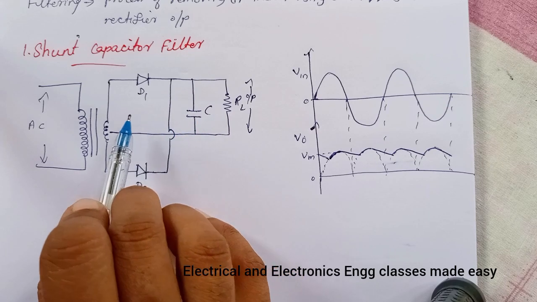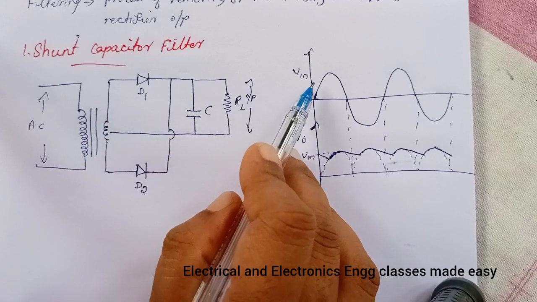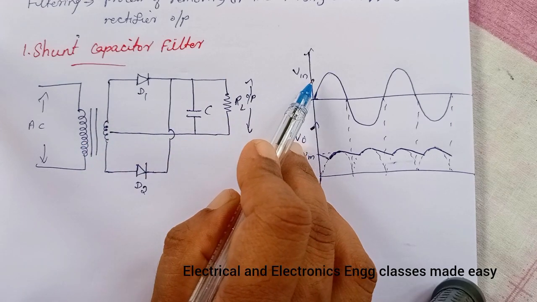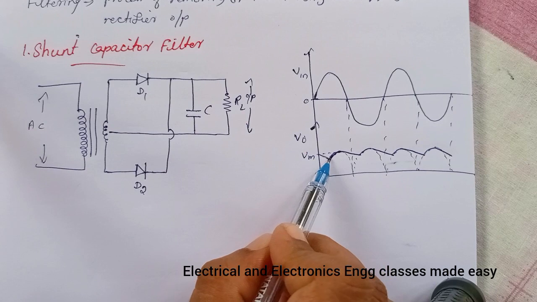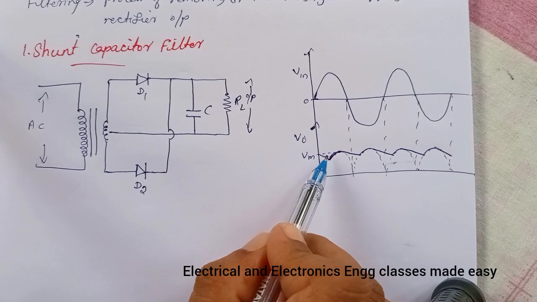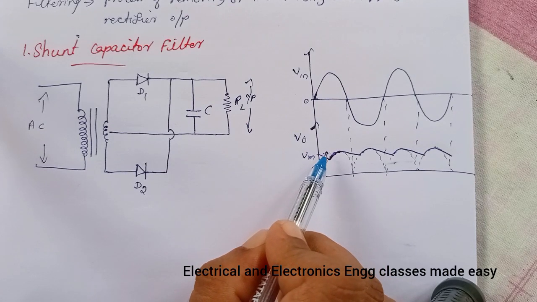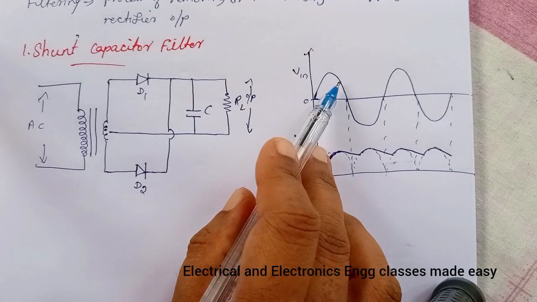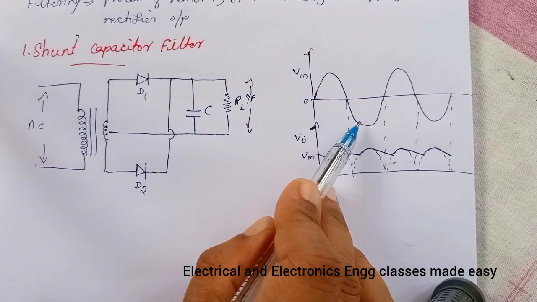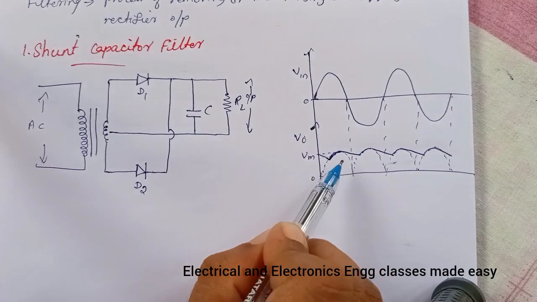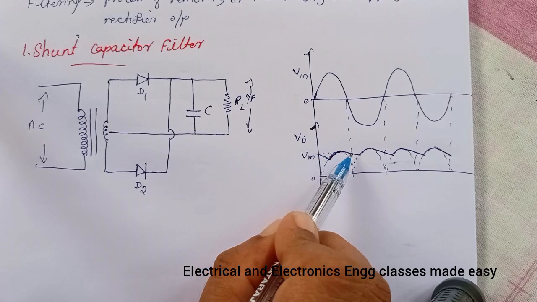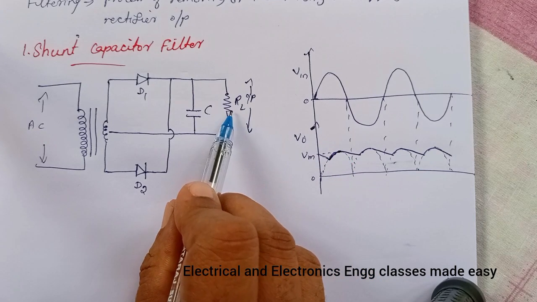When the rectifier output voltage increases, the capacitor charges to its peak value. And when the rectifier output voltage falls, the capacitor discharges slowly through the load.